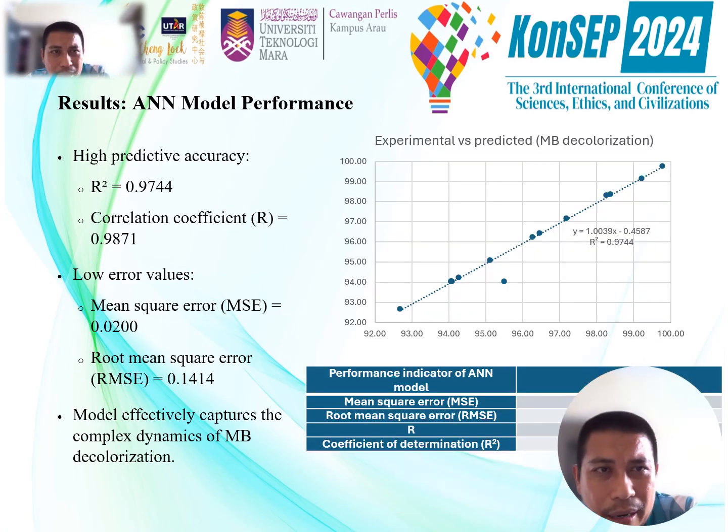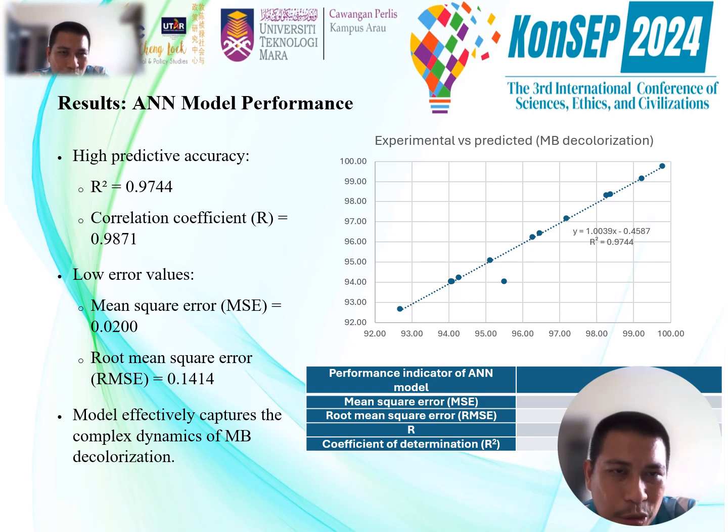In the results, our ANN model performance demonstrated high predictive accuracy, with a coefficient of determination R squared of 0.9744 and a correlation coefficient R of 0.9871, which is approaching 1, which is very accurate.